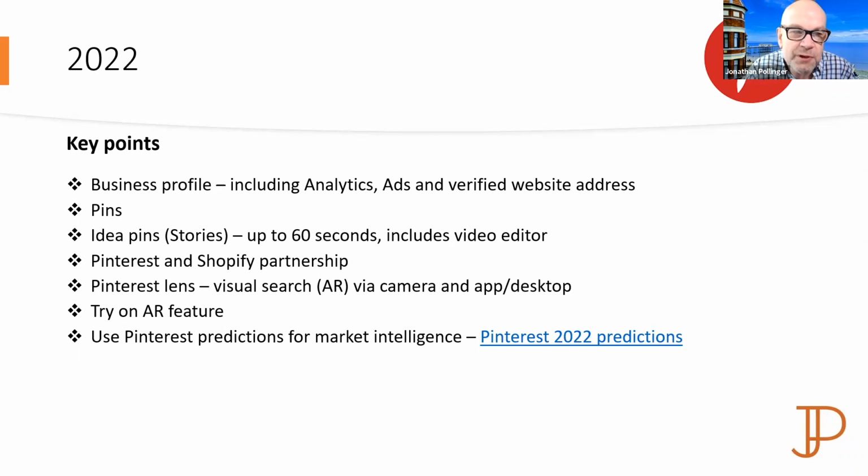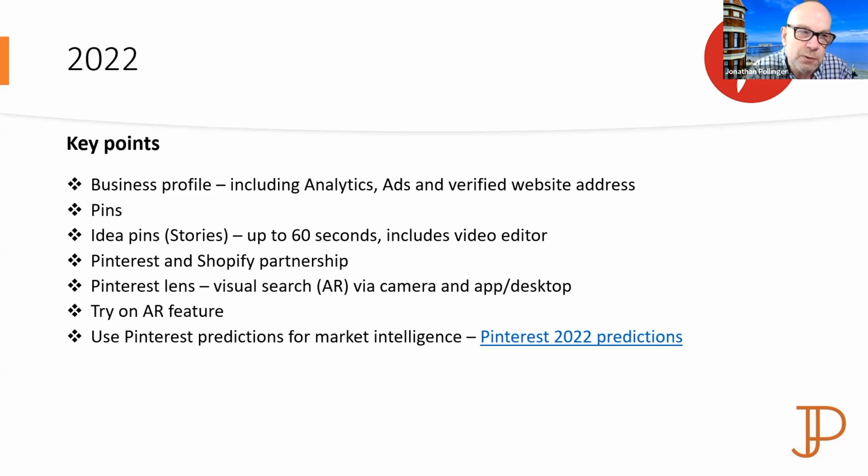One thing that Pinterest themselves are actually pretty good at is predicting the future. They look at the type of content that people are searching for, and then they make predictions for the coming year. Last year they had top 10 predictions, and I think 8 of them actually turned out to be correct. So they're sort of looking at trends.